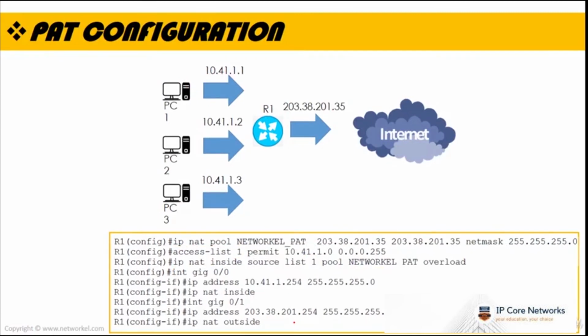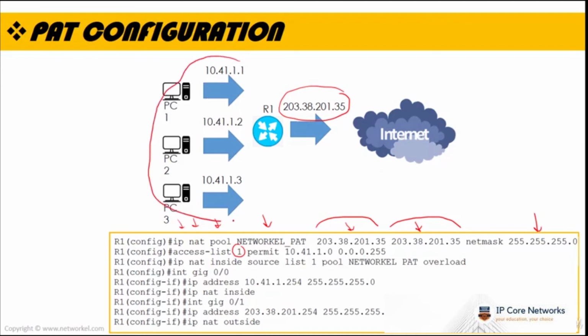Here's the configuration of PAT. For PAT configuration, we are using similar logic to the dynamic NAT. We are creating a pool again with ip nat pool, name network.pat, and we are defining the IP address range, which are the same ones because I'm just going to use one IP address with this subnet mask. Then I'm creating an IP access list again, which is defining my local area network.